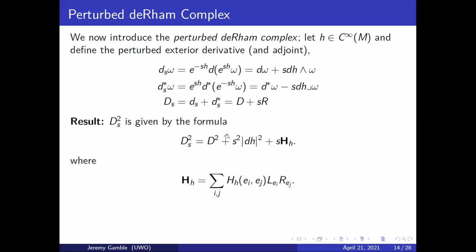He viewed the de Rham complex as a super vector space, the even and odd parts being given by the even and odd degree forms, and these d and d star operators being the supersymmetry operators, multiplied by appropriate factors like i.